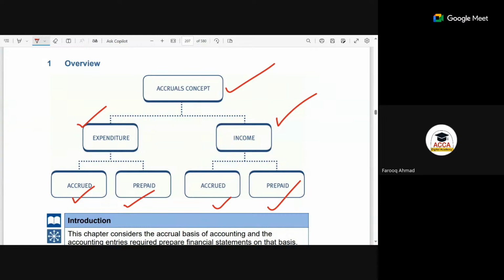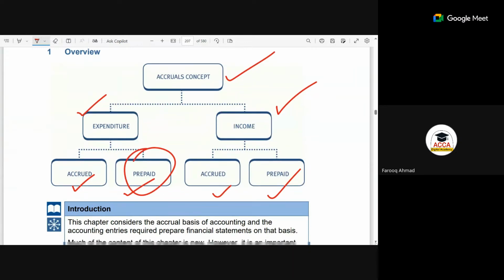Then you will expense 4 months, and the remaining 8 months will be an advance payment. This is under prepaid rent. Under accrual, if you use a facility and will pay at a future date, even if you didn't pay, you will account for it under the accrual concept.